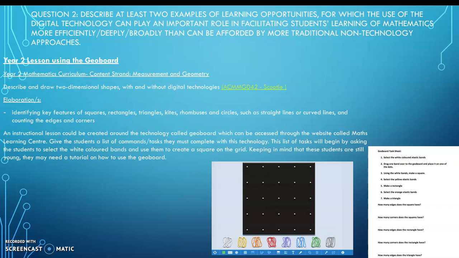This lesson completes and focuses on the elaboration of getting the students to identify the shapes and is able to demonstrate that they identify these shapes because they are having to draw them themselves, which is using digital technology.